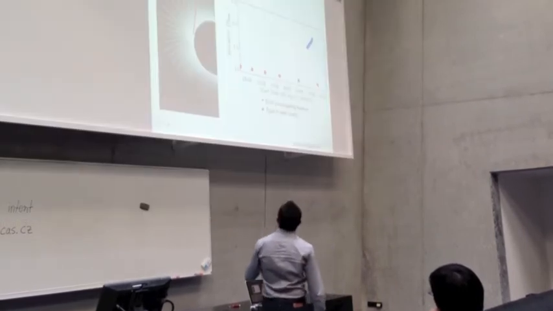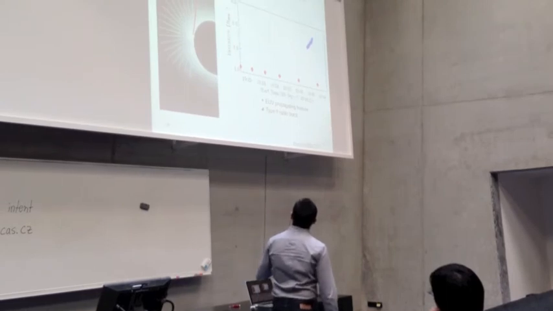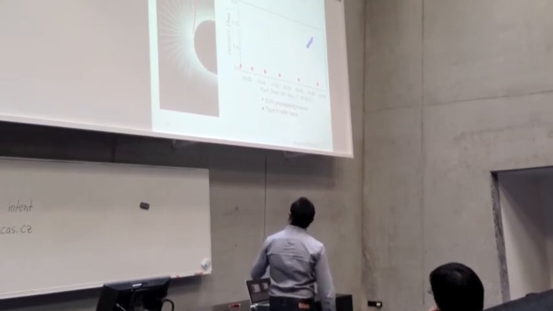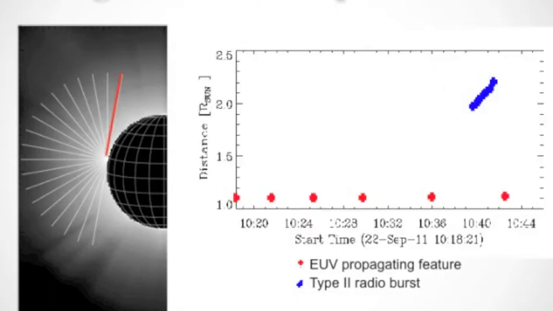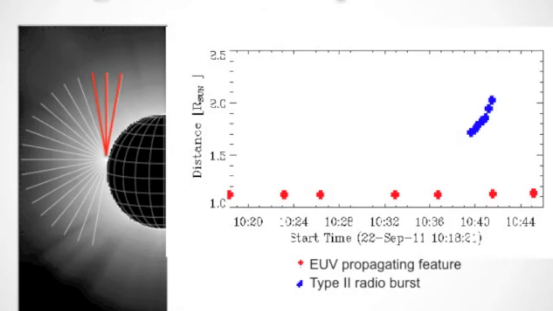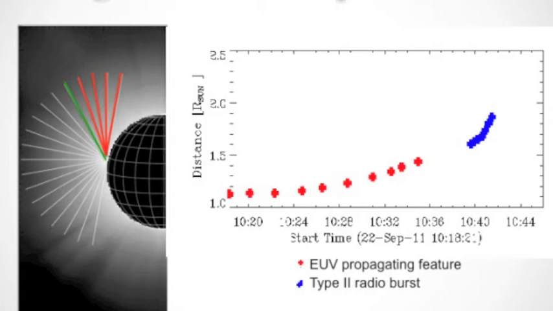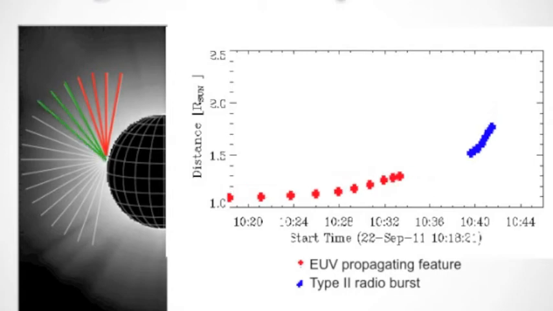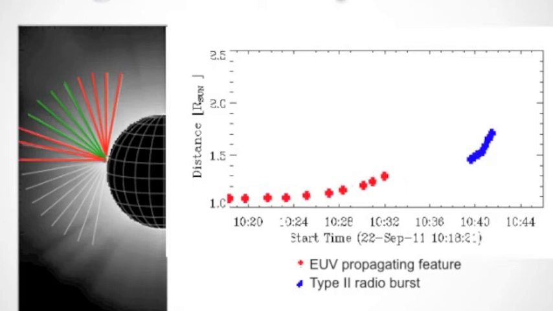Time versus height. The red points are the EUV feature, the CME. The blue dots are the type 2 radio burst height calculated using that specific non-radial density profile. And this is what happens. You can see in the lower region here, they don't match, but as we approach an upper portion, we can see that the kinematics are comparable, and then it returns to be a little bit off.